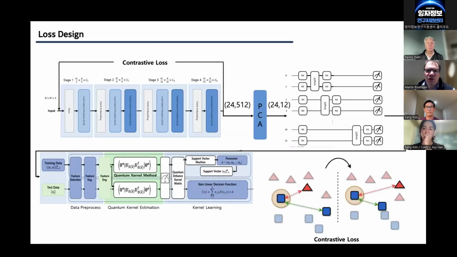Yeah, we use the RGB channel, so we have three channels, and as I presented, all features are extracted using the classical baseline. So we get 24 batches and 512 features after extracting features.